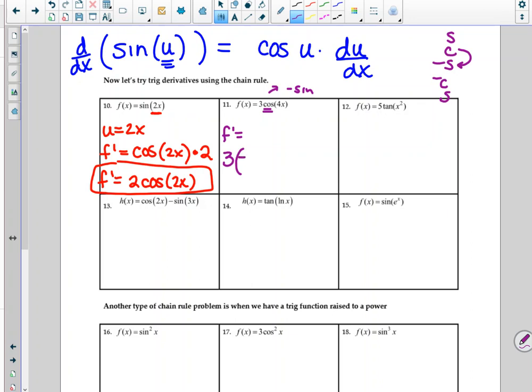Cosine's derivative is negative sine of 4x, and then times the derivative of the 4x, which is 4. When we clean that up in a little bit of a nicer package, we can look at that as a negative 12 sine 4x.